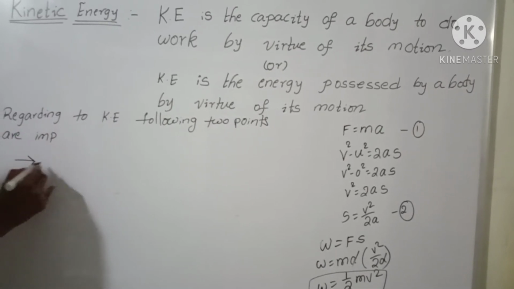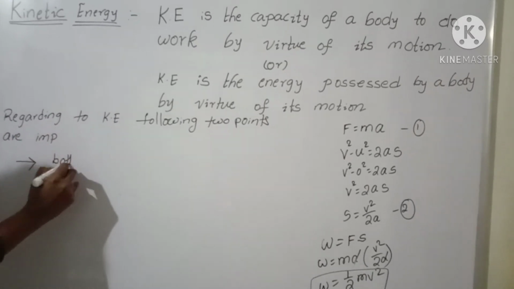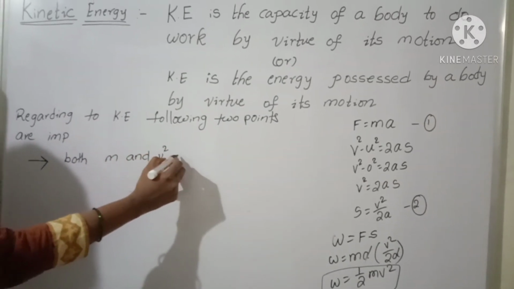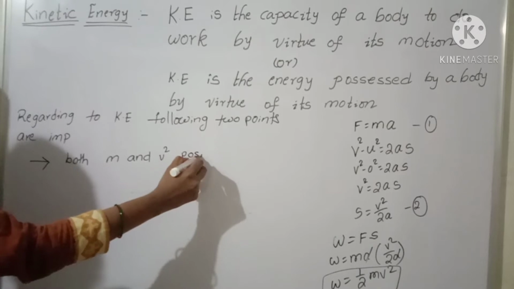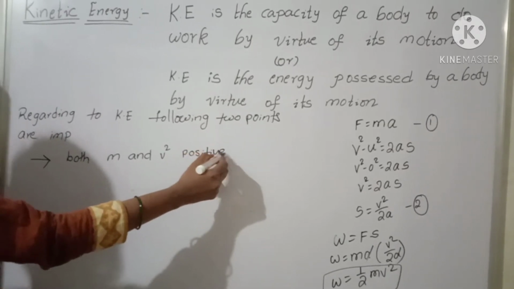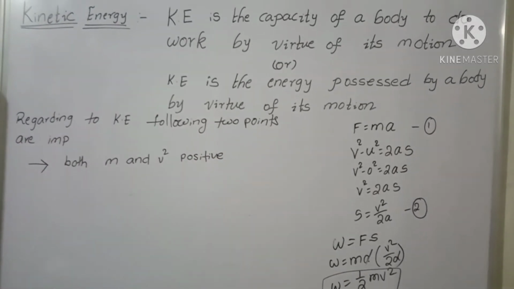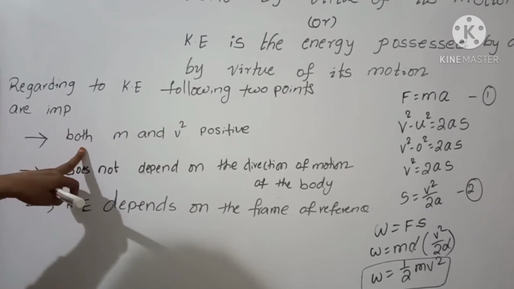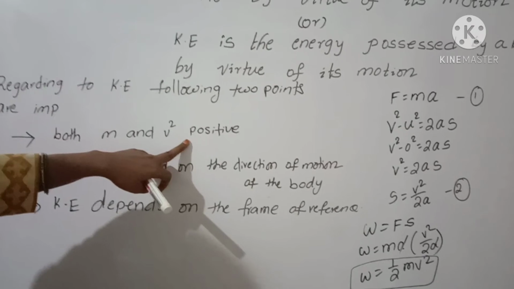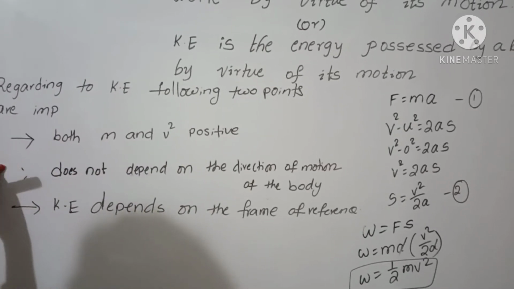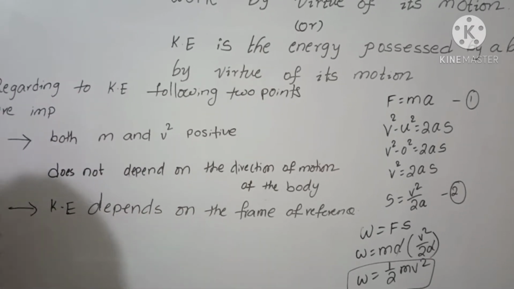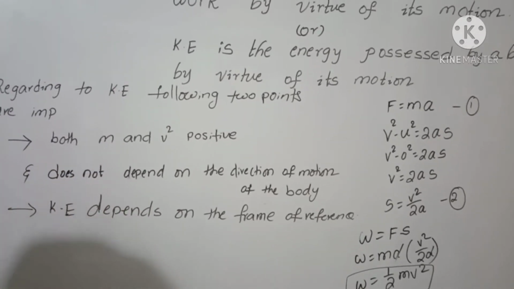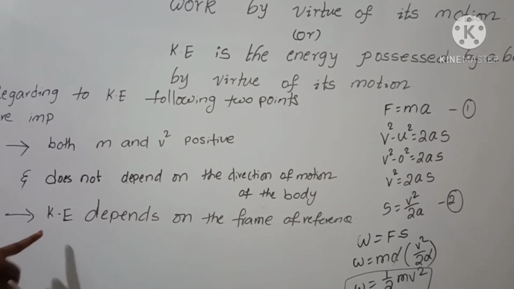And the second point is that kinetic energy depends on the frame of reference. These two points are very important. Both m and v are positive and kinetic energy depends on the frame of reference. And another one: kinetic energy does not depend on the direction of motion of a body. So these three are very important here.